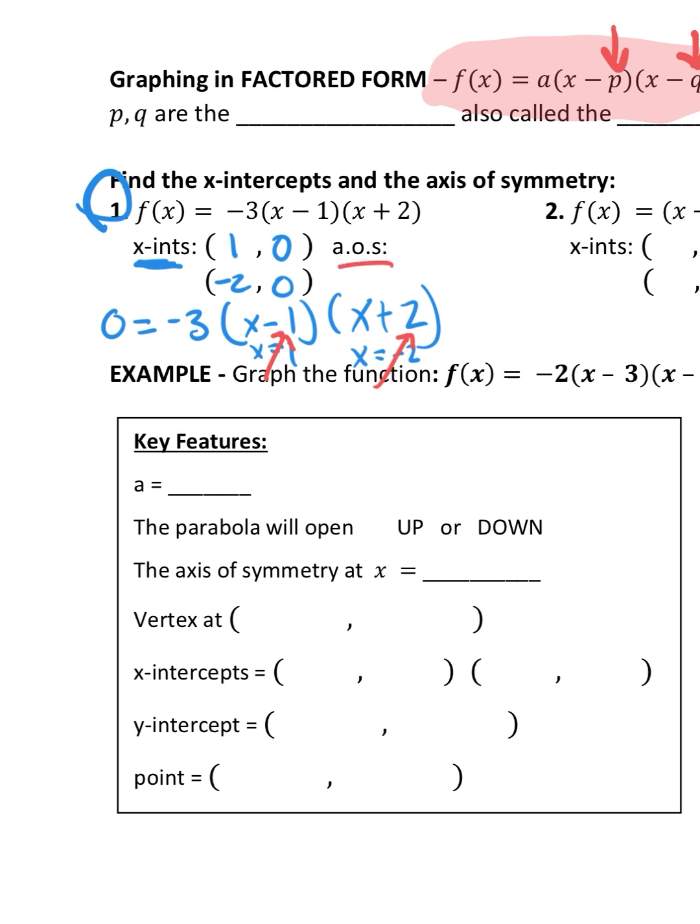That's what AOS stands for. So that would be 1, and we're going to add that to negative 2, and we're going to divide by 2. So what that means is that this one is going to have an axis of symmetry of x equals negative 1/2. So that's where the graph is going to have its axis of symmetry.